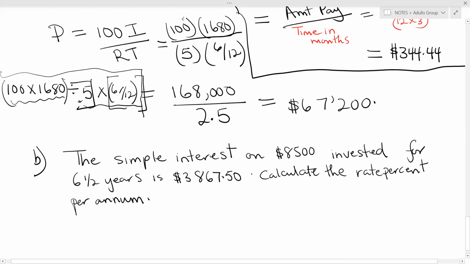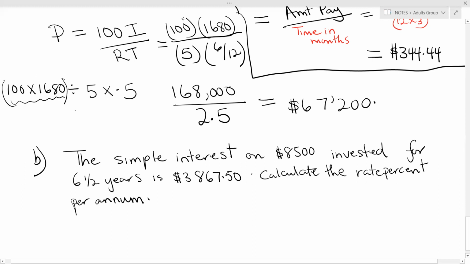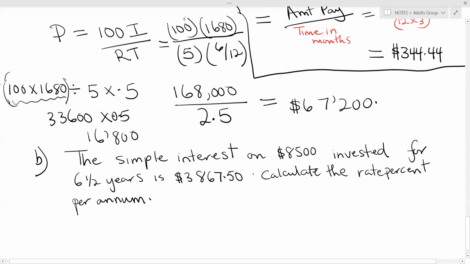So it only divided by 5, and then it multiplied that answer. 168,000 divided by 5 multiplied by 0.5. When you divide it by 5, you would have gotten 33,600, and then you multiply it by 0.5, which would have given you 16,800. So you did not tell your calculator that there was a numerator and a denominator.